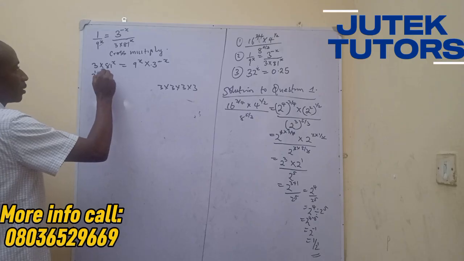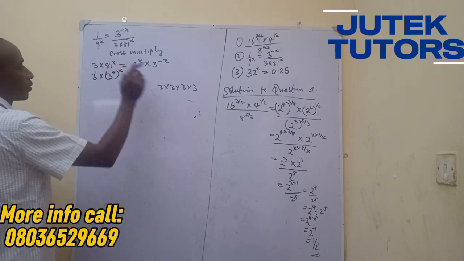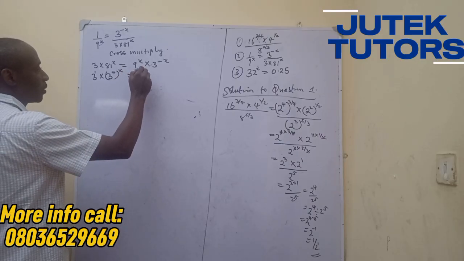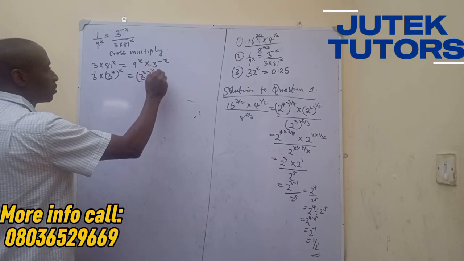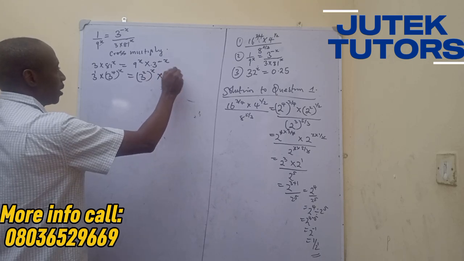So it gives us 3 raised to power 4, raised to power x. Here now we have 3 raised to power 2, raised to x, multiplied by 3 raised to power minus x.